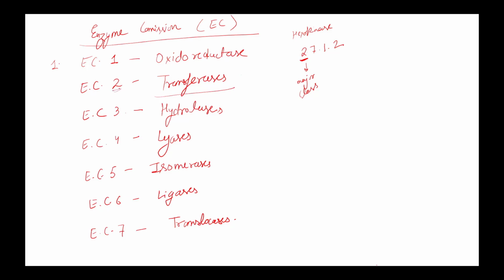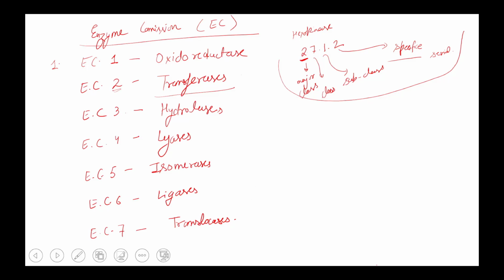The second digit defines the class, the third digit defines the subclass under it, and the last one is specific for the enzyme, or you can say it is the serial number in the subclass indicating the order in which the enzyme was added to the list. That's how you can understand the Enzyme Commission naming of any enzyme.